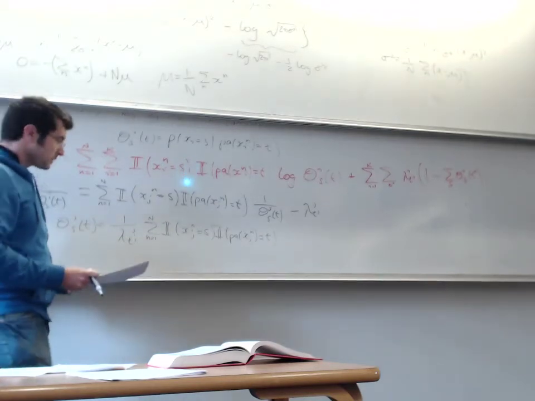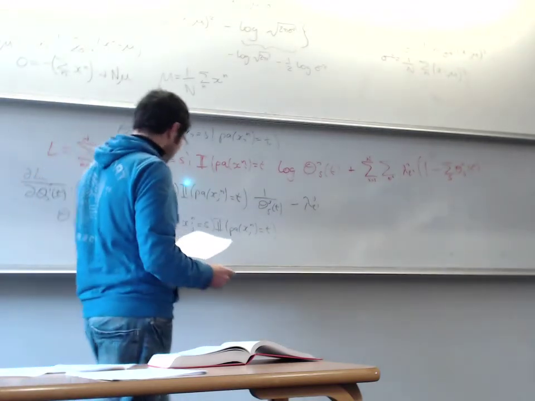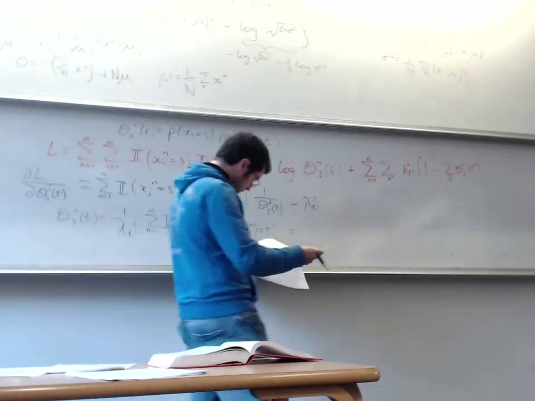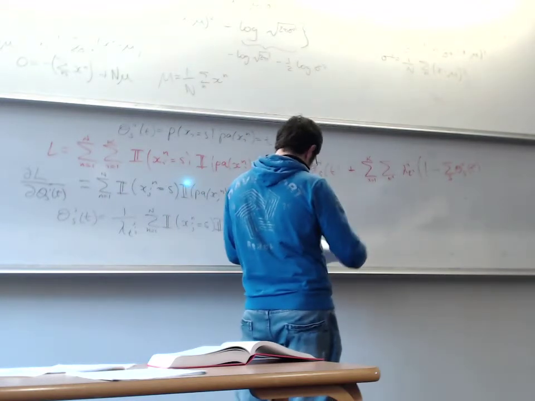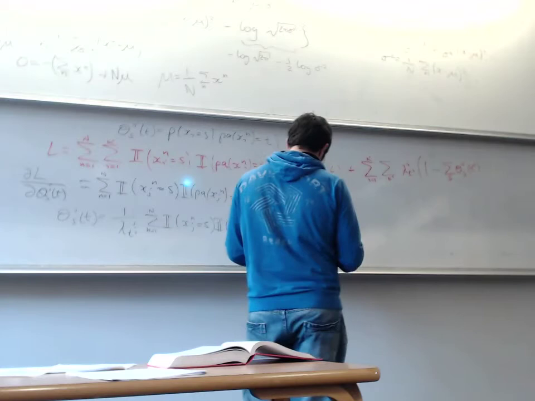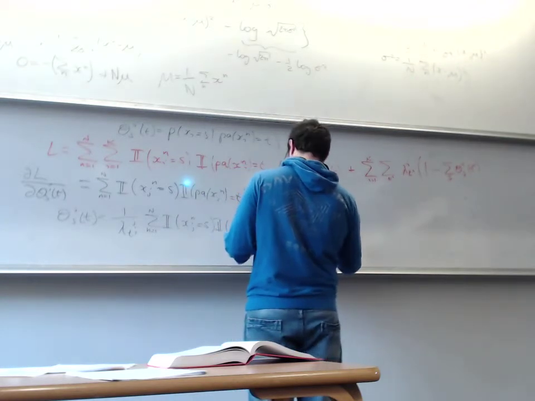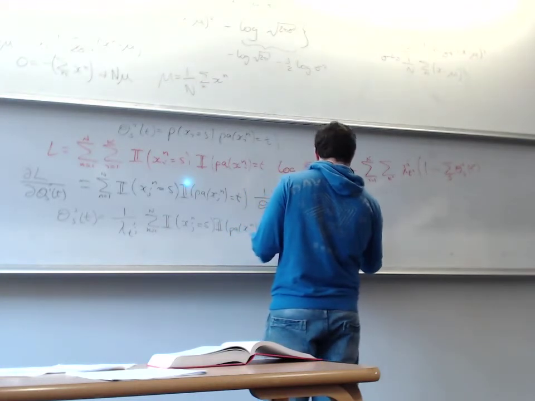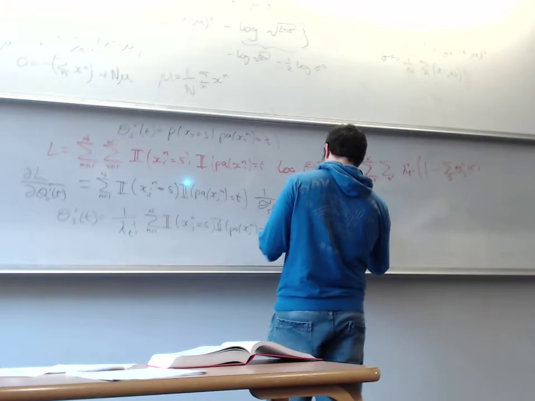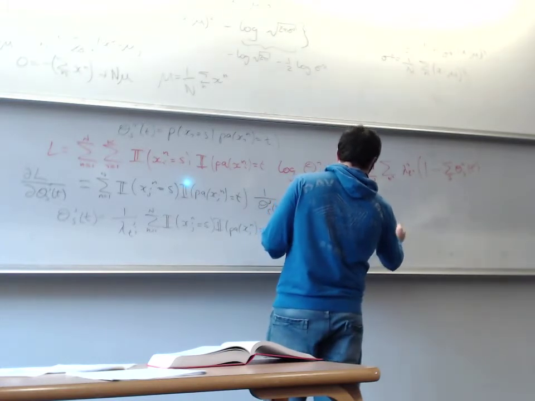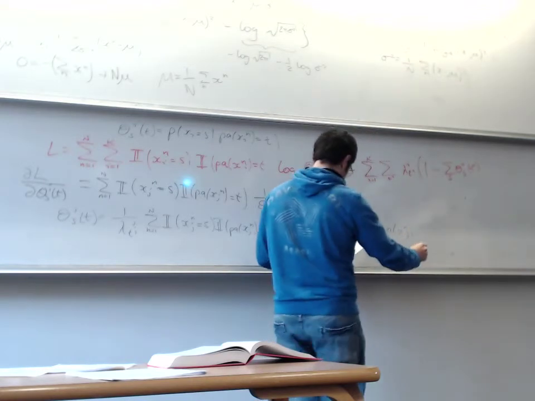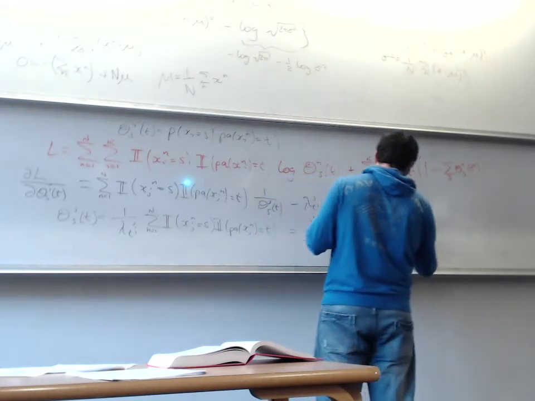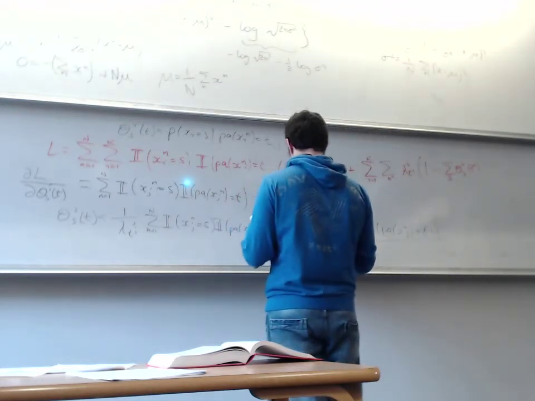So we'll just normalize these things, and if we do that, then you get the answer basically in the question, which is the sum over n of the indicator function x_nj equals s, indicator function parents of x_jn equals t_j, divided by the sum over all of the s's of the same thing.